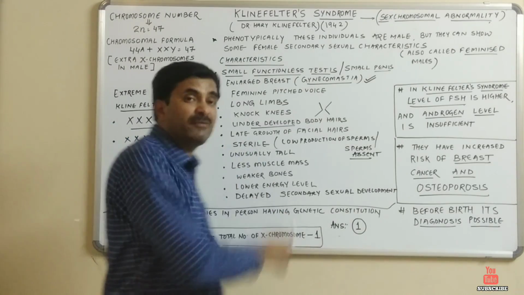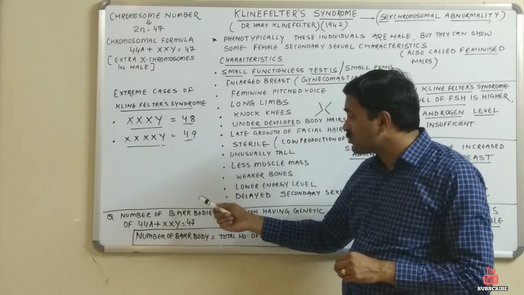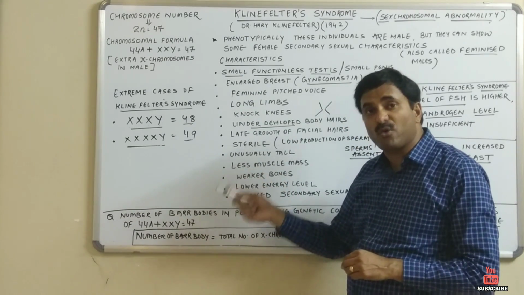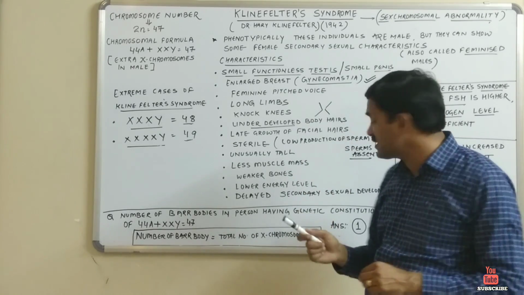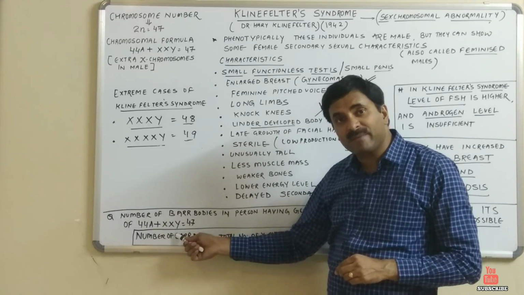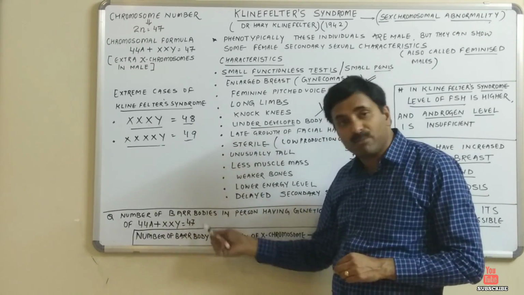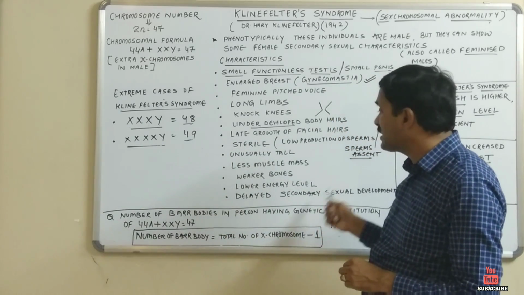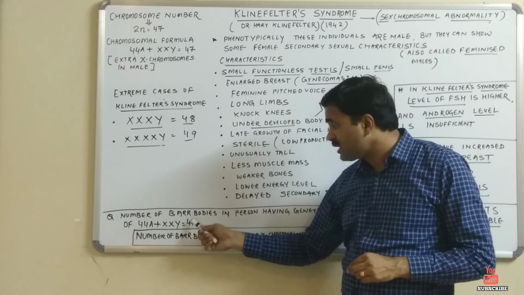But here what we are studying is Klinefelter syndrome. Sometimes the question is asked: a person suffering from Klinefelter syndrome has the genetic constitution 44A plus XXY. The question asked in examination is, what is the number of bar bodies in a person having the genetic constitution of 44 autosomes plus XXY, equal to 47?